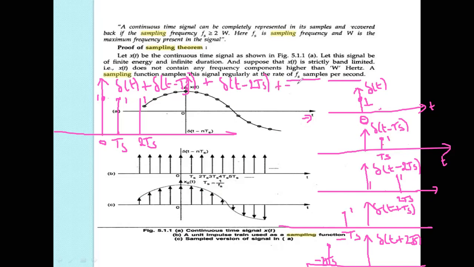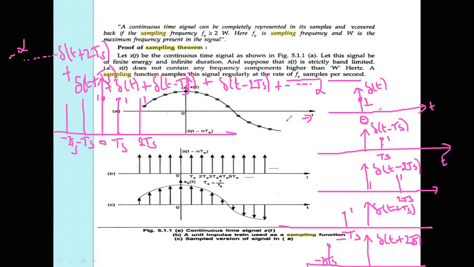And so on towards this side. It is also added on the left-hand side, delta of t plus Ts, minus Ts, plus delta of t plus 2Ts, the advanced signal, minus 2Ts, and so on, from minus infinity to infinity. Having infinite duration, this signal has finite energy and infinite duration, that is the original signal x of t.